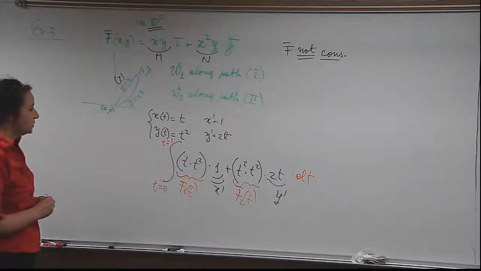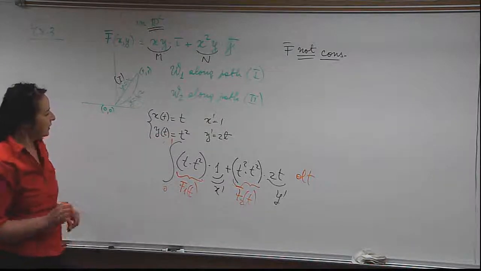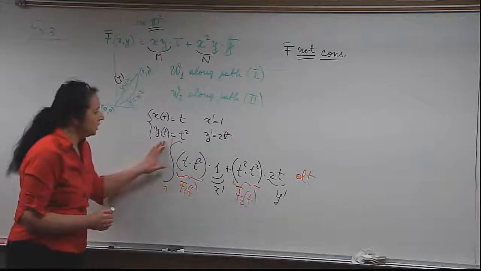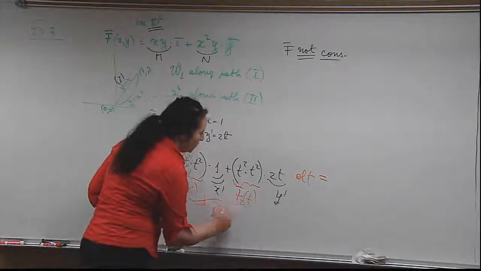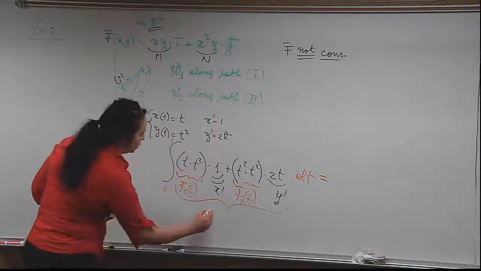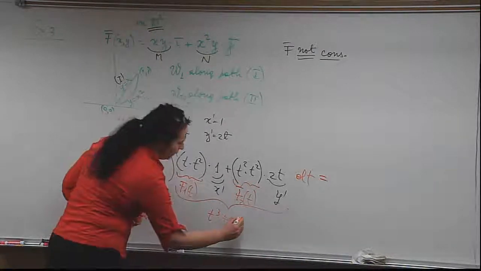So I don't have to put the t's here, but I thought it was sort of neat to see that t goes from 0 to 1. And what do I get? This whole animal is t cubed plus 2t to the 5th.